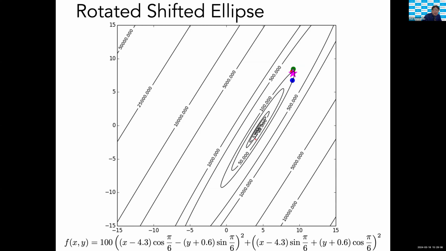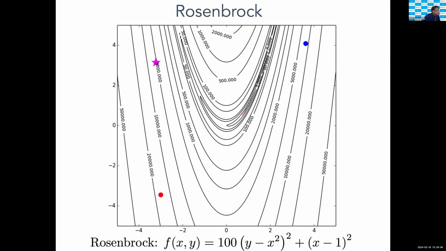Next, we consider the case of the Rosenbrock function. The global minimum value of this function also lies within a long flat parabolic-shaped valley like this. Here is the global minimum value.